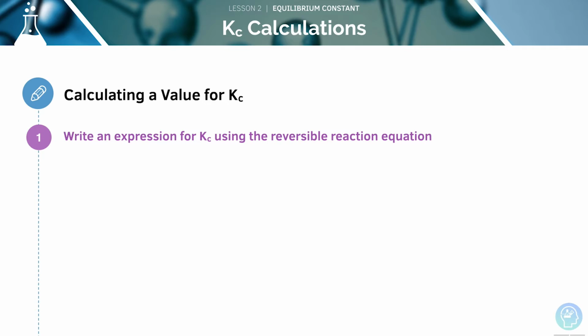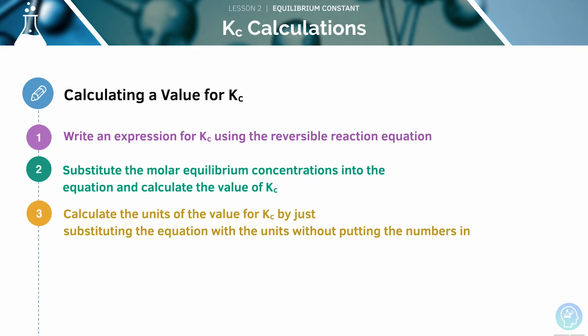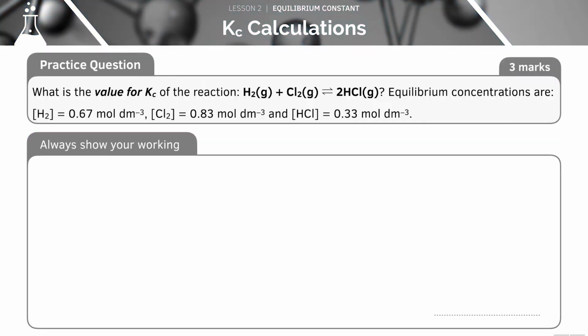First of all, we must write an expression for Kc using the reversible reaction equation. Next, we will substitute the molar equilibrium concentrations into the equation to calculate the value of Kc. Finally, we must calculate the units of the value for Kc by substituting into the equation without putting the numbers in.